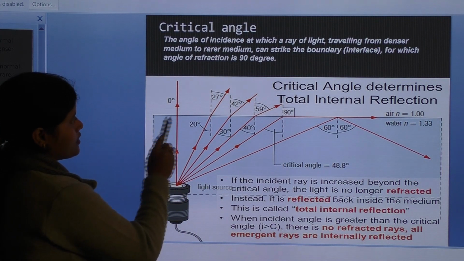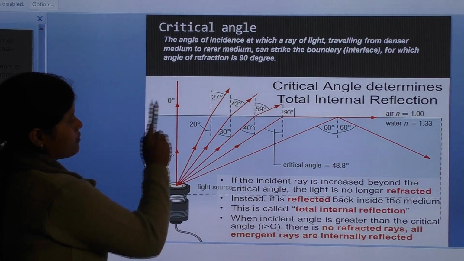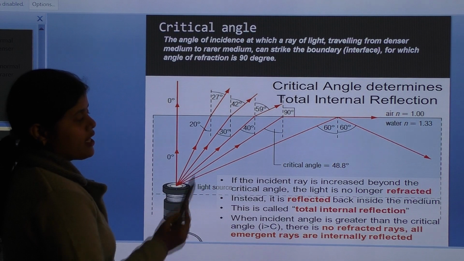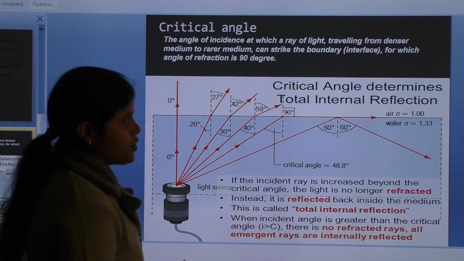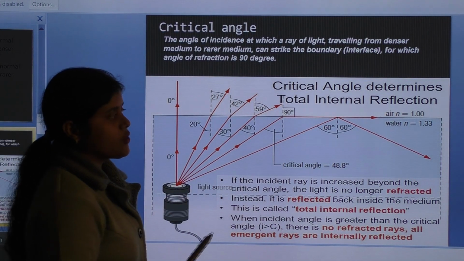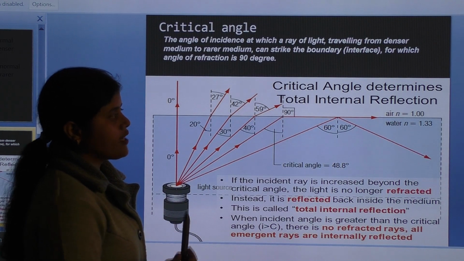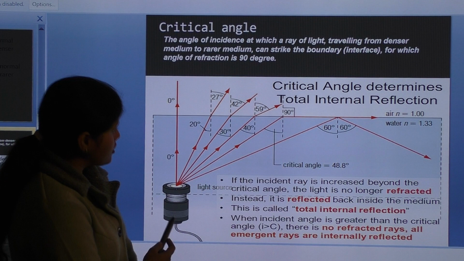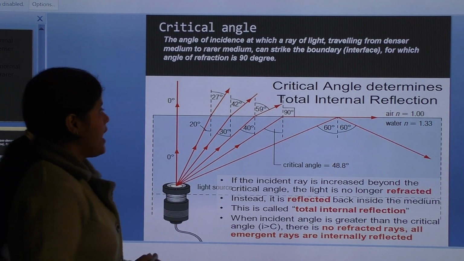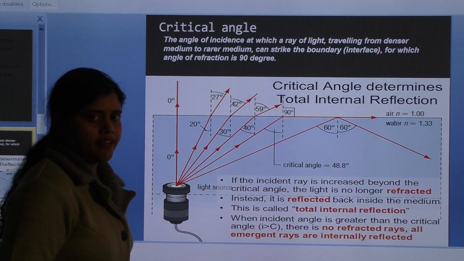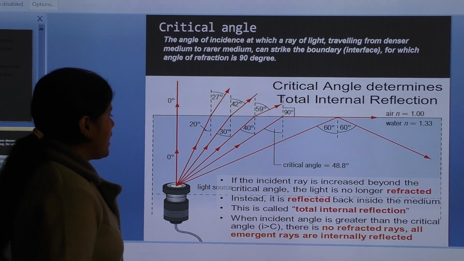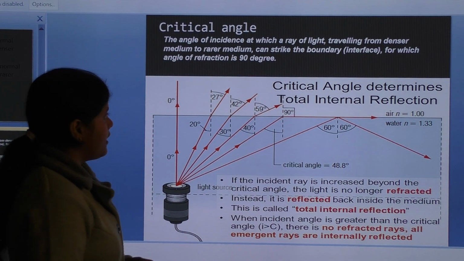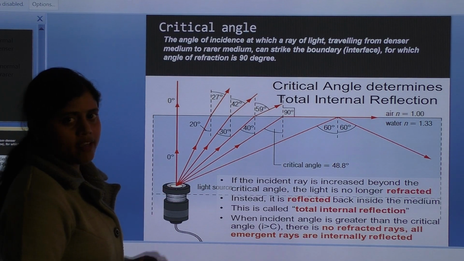This is the interface separating the water from the air, and water has a higher refractive index compared to air. Water has n equal to 1.33 and air has n equal to 1. That means light is traveling from a denser to a rarer medium. In the first case, it goes undeviated. Why? Because there is no component of the electric field along the interface as it is falling perpendicular to the interface.